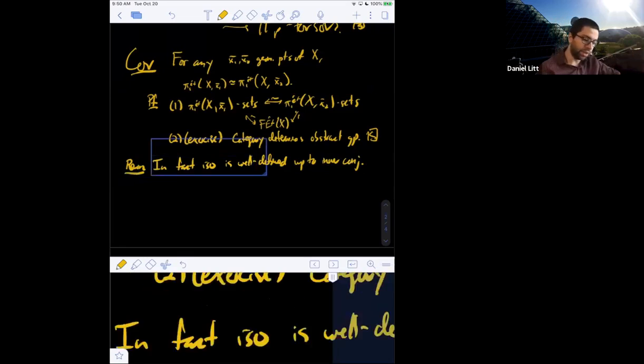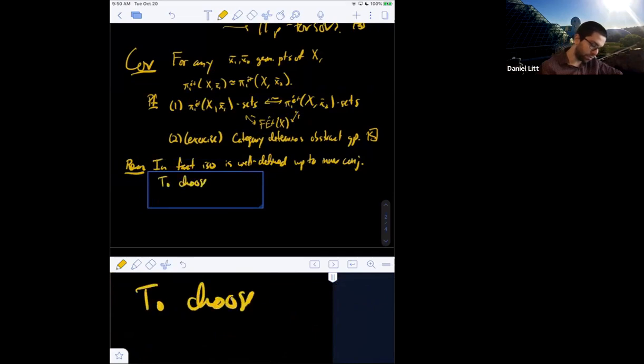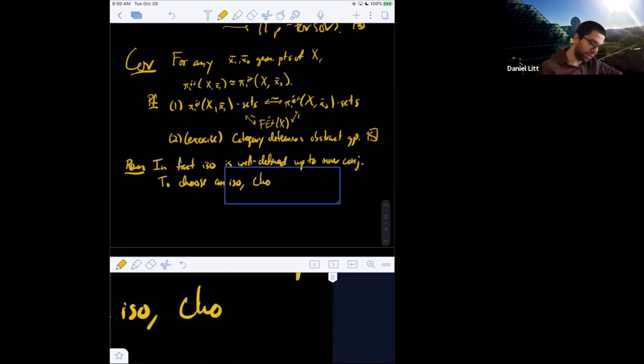To actually choose an isomorphism, you need to choose a path between these two points. So to choose an isomorphism, you choose a sequence of specializations and generalizations.